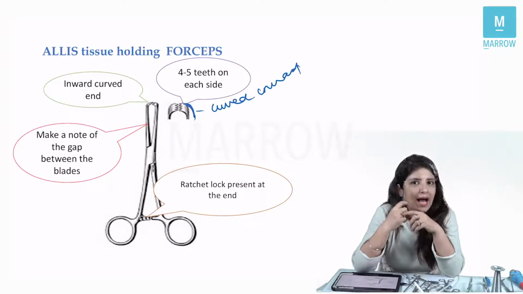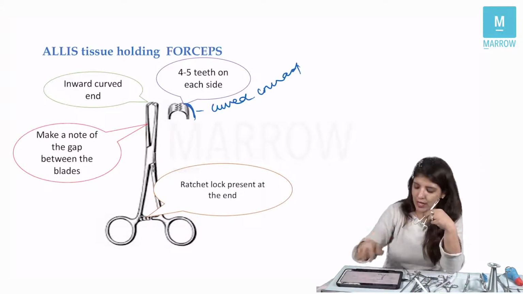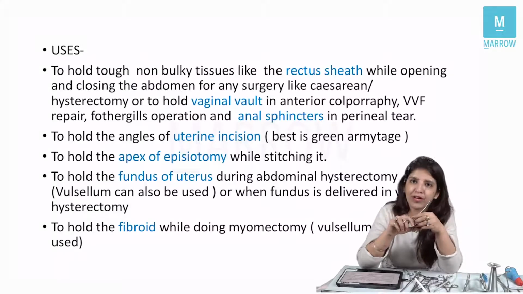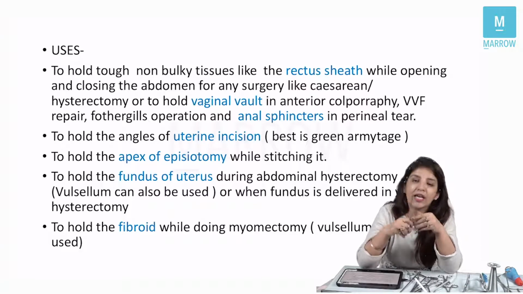So Alice forceps is used to hold tough tissue. What kind of tough tissue? Tough, non-bulky tissue. So if you want to hold the rectus sheath while you are doing cesarean section or abdominal hysterectomy, you can use the Alice forceps.